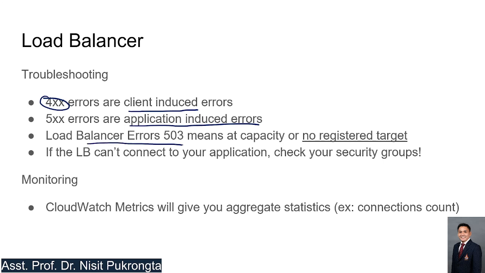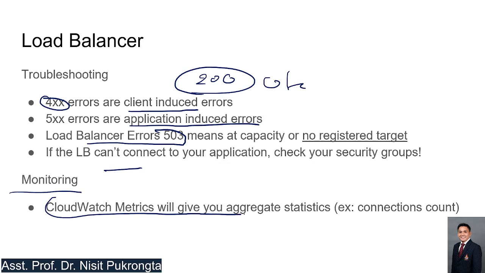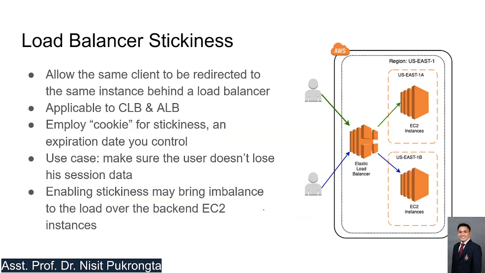Load balancer error: 503 means there is no capacity or no registered target, right? But if the browser response is 200, it means okay, right? Again, for monitoring you can use the CloudWatch metrics to give the aggregation statistics.